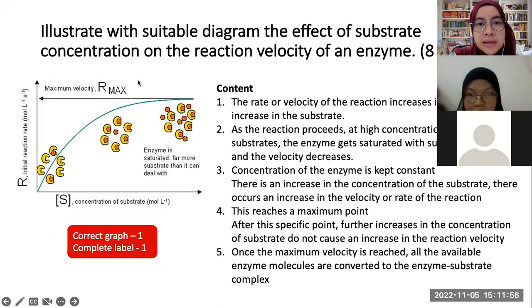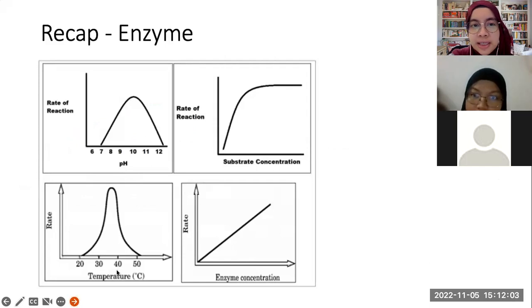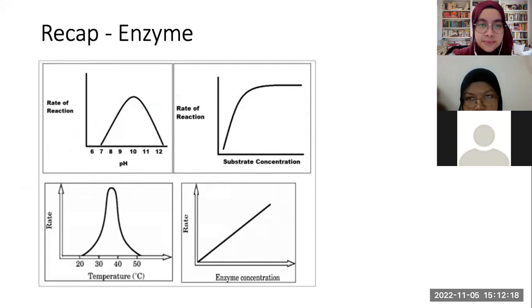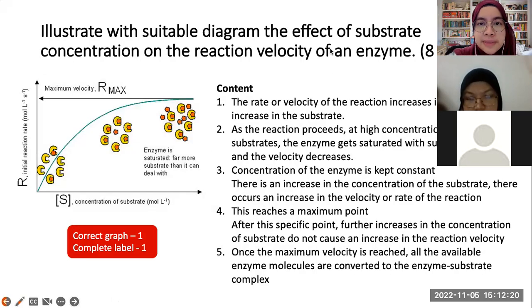For a question like this, illustrate with a suitable diagram, you don't need a specific unit or the specific name of the enzyme. You can just write rate of reaction of enzyme, because it just wants you to describe your explanation briefly and in a very general way. In this case, it's basically the effect of substrate concentration.